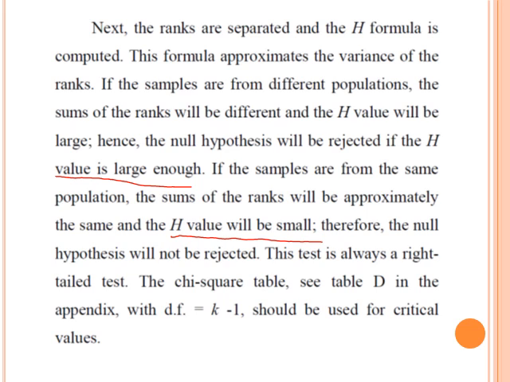So in this case, we will reject the null hypothesis. The test is always right-tailed, not left-tailed, and the chi-square table in your book, in appendix table D, with degrees of freedom k-1, where k is the number of samples, should be used to get the critical value or the tabulated value.